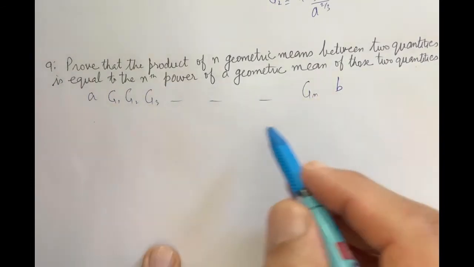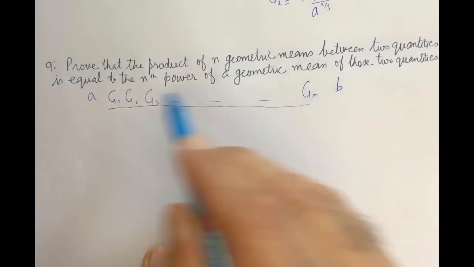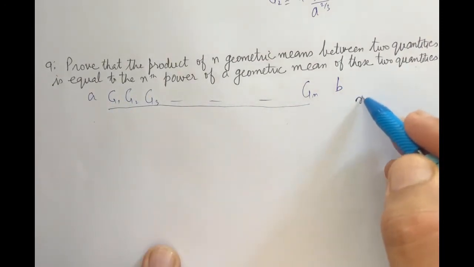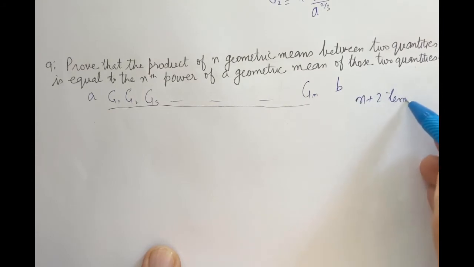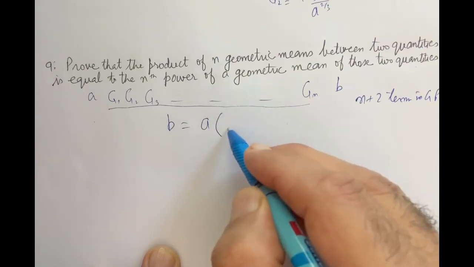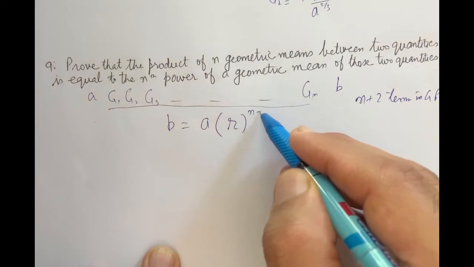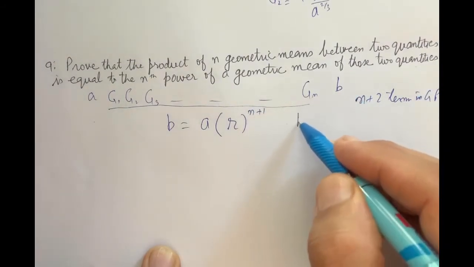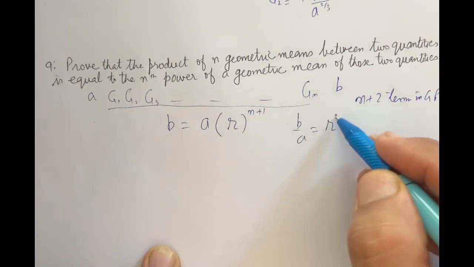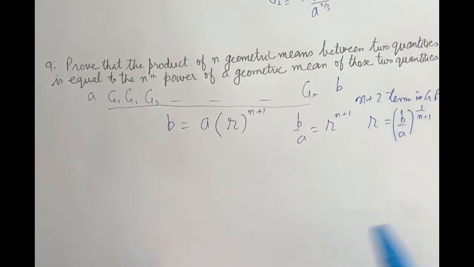So we just derived these n geometric means plus the two numbers, total n plus 2 terms, they are in GP. And what is b? b is a into the common ratio, let's say r, raised per n plus 2 minus 1, that is n plus 1, or b upon a is r raised per n plus 1, or the common ratio is b upon a raised per 1 upon n plus 1.